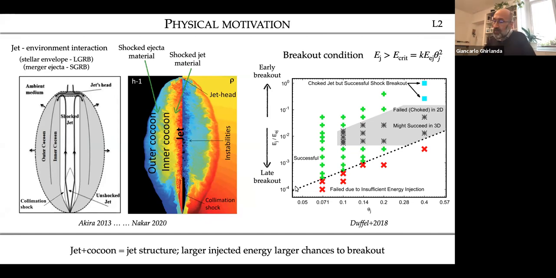In general, when we talk about structured jet, we comprise in this category either a jet which has only an angular structure without a cocoon, or a system in which you have some narrow jet, maybe more or less uniform, so not structured, with the cocoon around. So it can be a smooth structure or a more discontinuous one, okay? And all the combinations of the properties of these systems, jet and cocoon, or structure of the jet and cocoon, can lead to different observational properties.